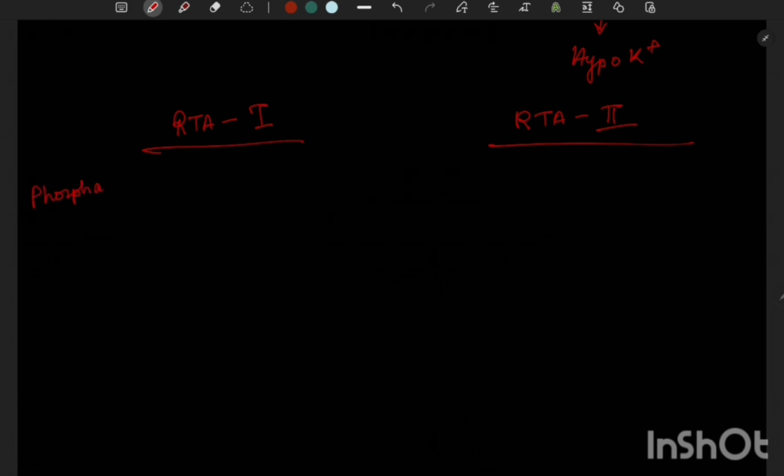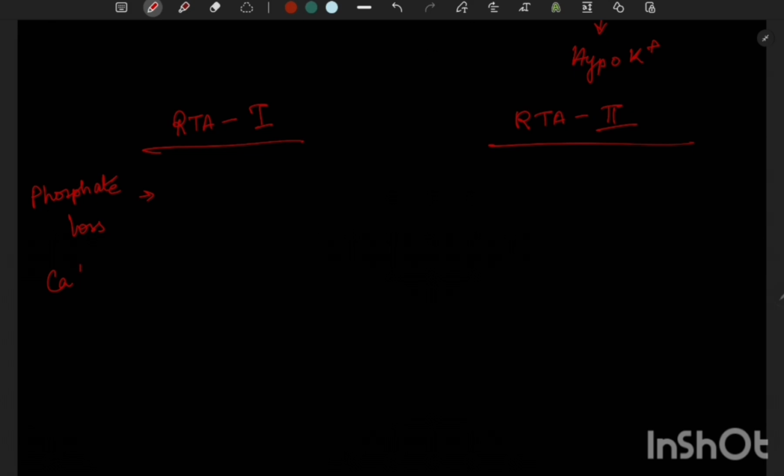So if we want to draw a final conclusion, RTA type 1 and RTA type 2, what is the main difference? The main difference is that there will be phosphate loss in RTA type 2, and phosphate loss is not seen in case of RTA type 1. So this phosphate loss leads to rickets in RTA type 2.